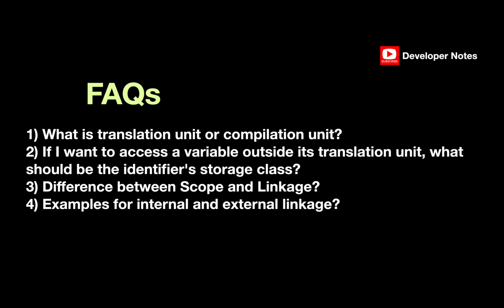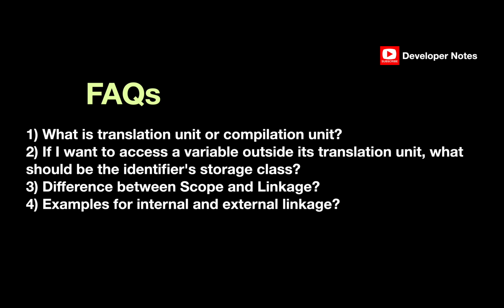Now we have come to the interesting part, the frequently asked questions which I have come across. The first one is, what is a translation unit or compilation unit? Come on, guys, I practically fed you the answers already. I'm not going to answer any of the questions here.